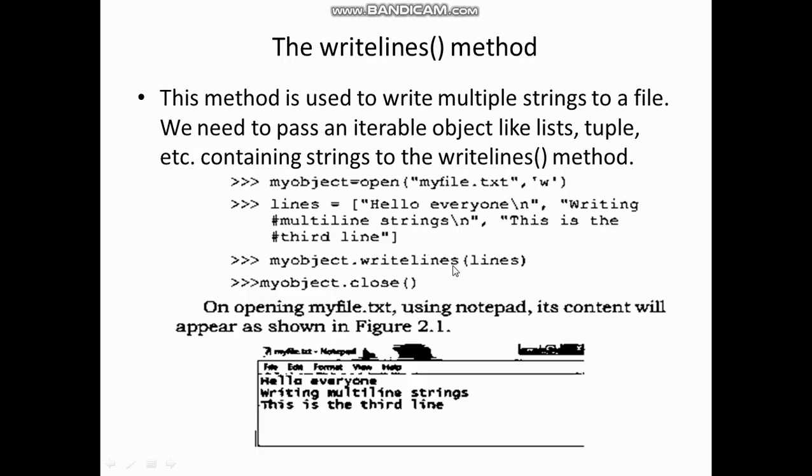Using this writelines method, you are passing these 3 strings, and they will be written into the file named myfile with extension .txt. When you open this file, myfile.txt, using Notepad, you can observe these 3 strings which are written to the file.